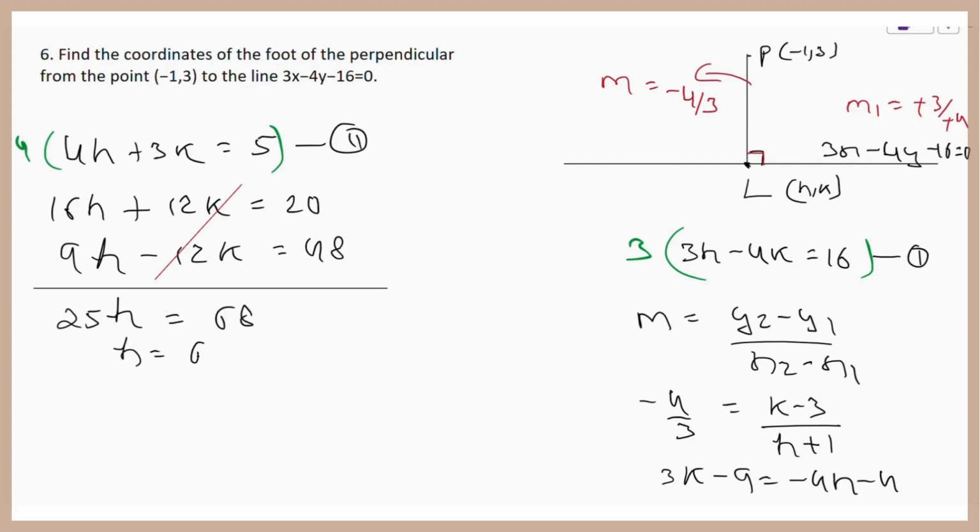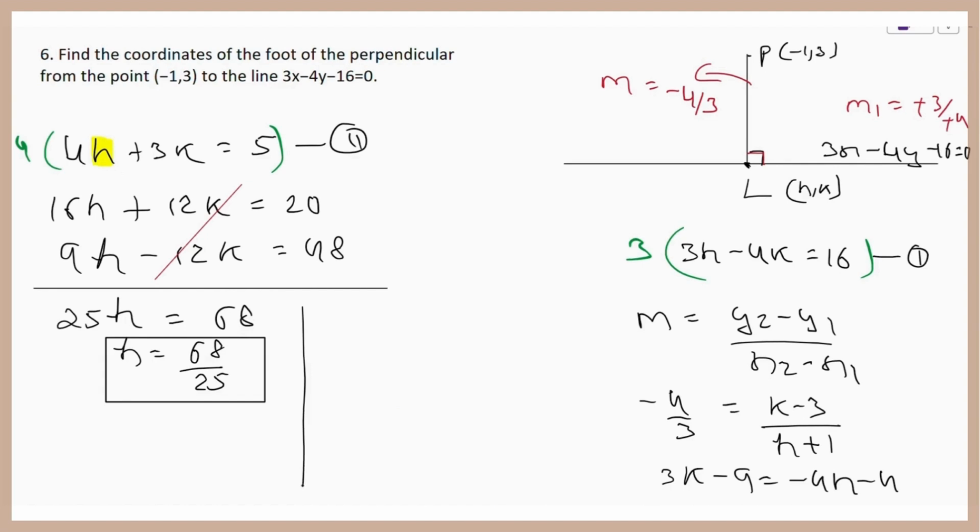So we got h as 68 over 25. Right, we got h as the x coordinate. Now we can find the other coordinate. To find the other coordinate, I'm going to replace h in this equation.